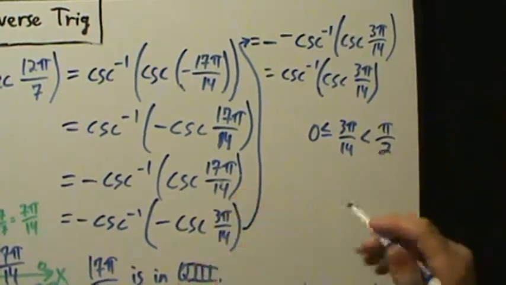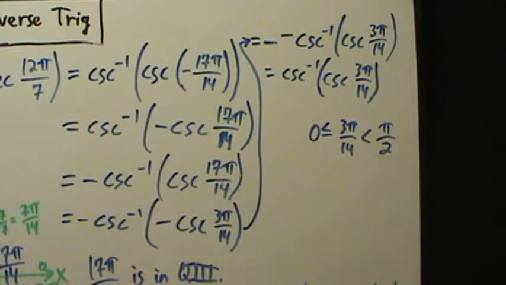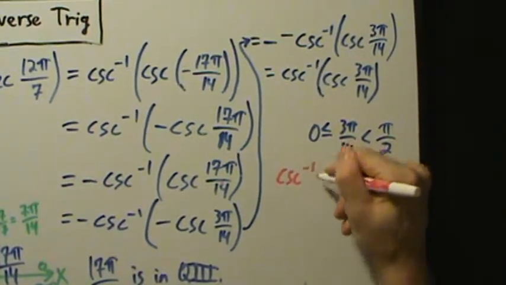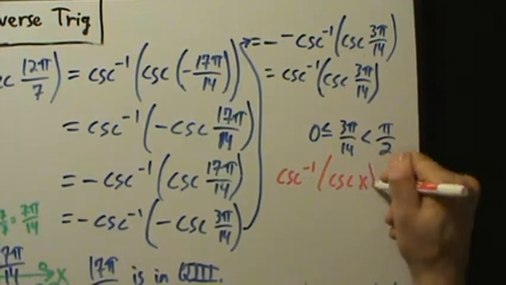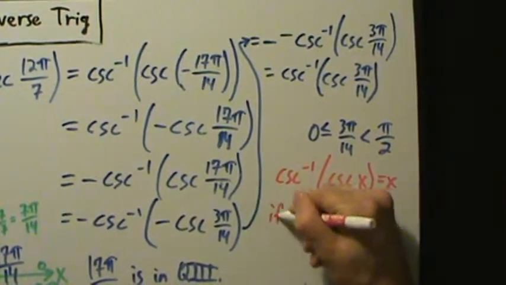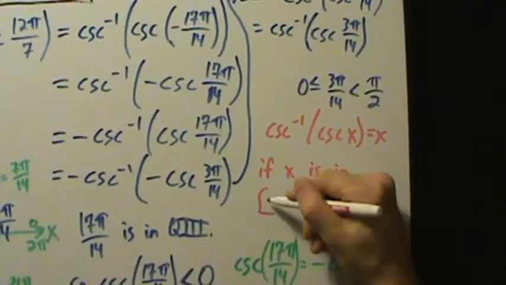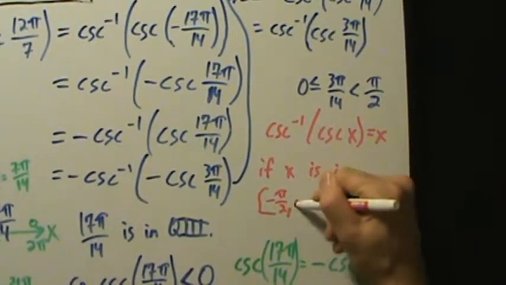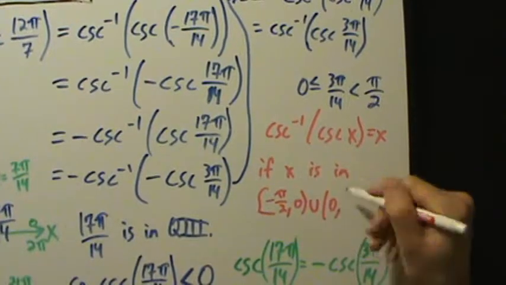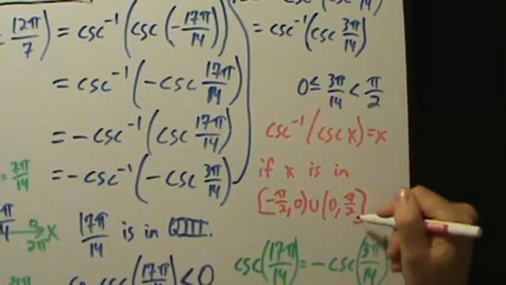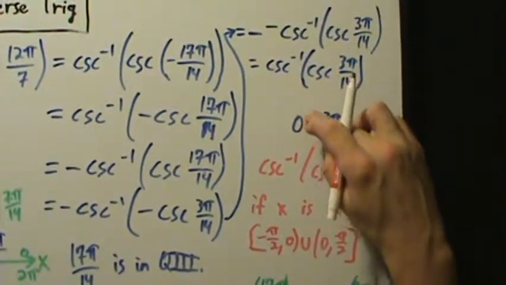So what's so significant about that? Well, now that means that we can cancel, because remember, inverse cosecant of cosecant of x equals x if x is in this union of intervals here, negative pi over 2 to 0, union 0 to pi over 2. Actually, I guess the way I wanted to write that is this.